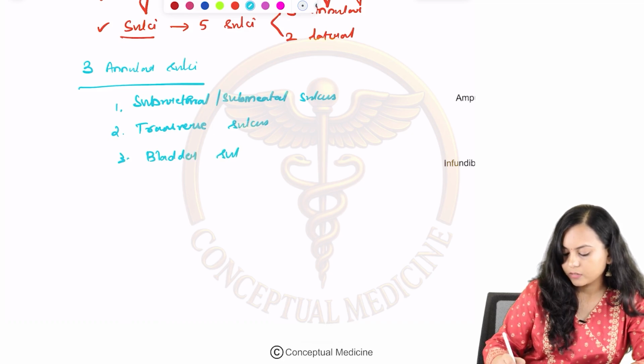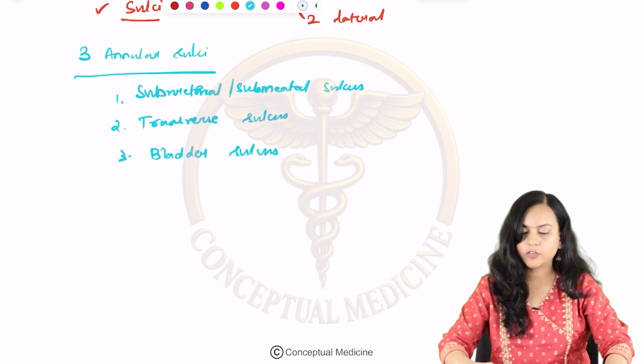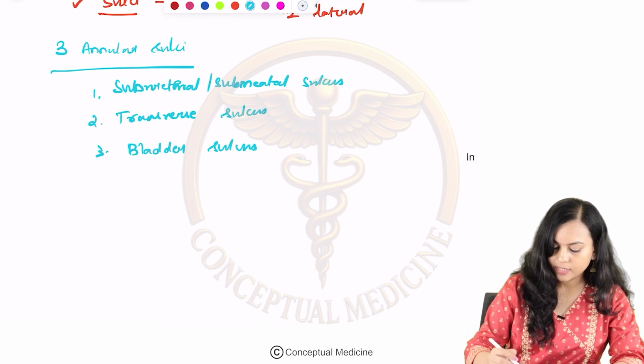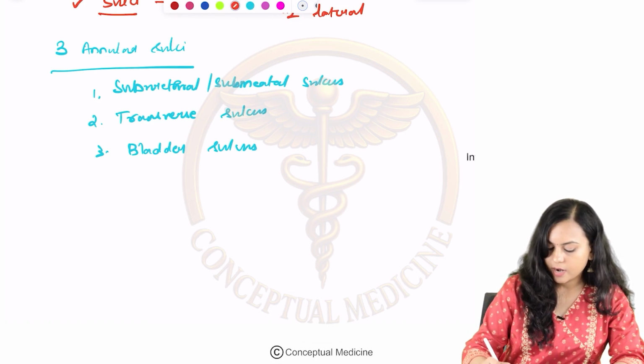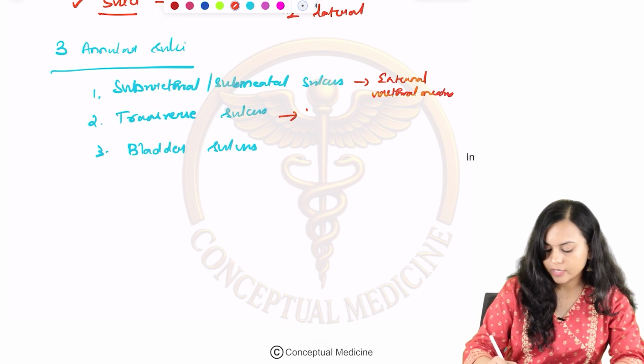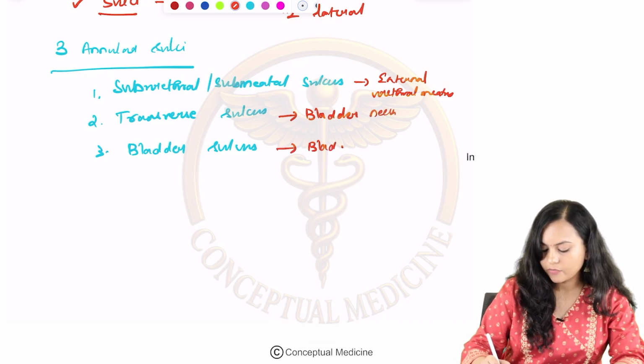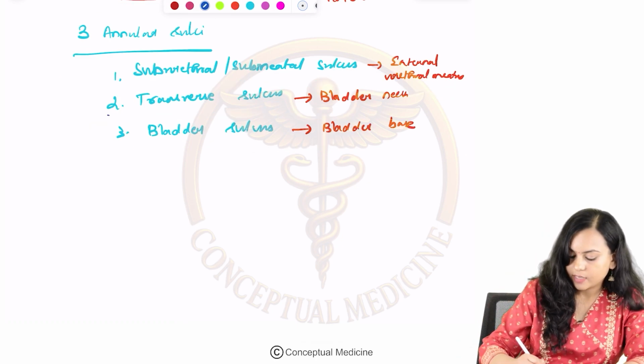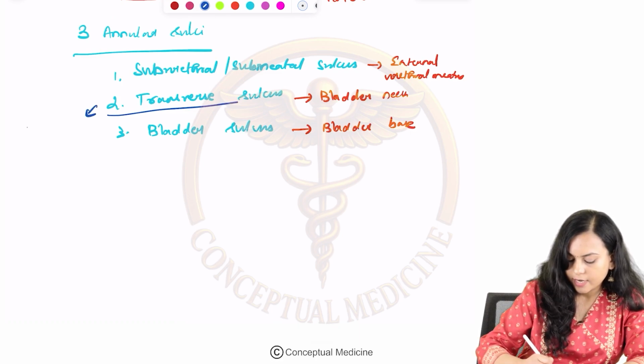If we look at the location of these sulci, the suburethral sulcus is located at the external urethral meatus level. The transverse sulcus is located at the level of the bladder neck, and the bladder sulcus is located at the level of the bladder base.